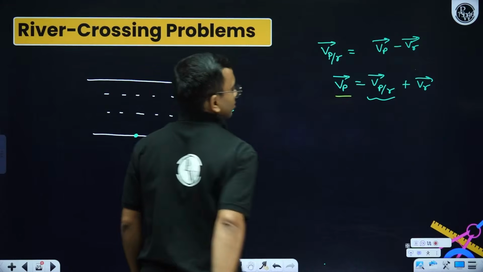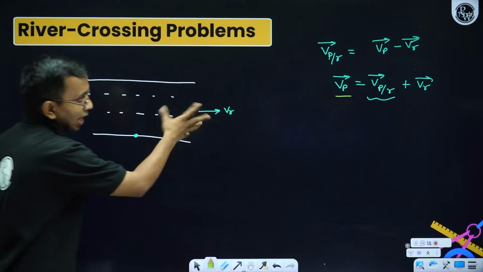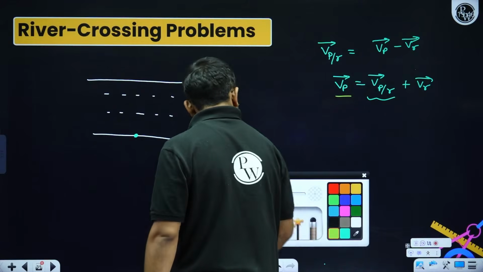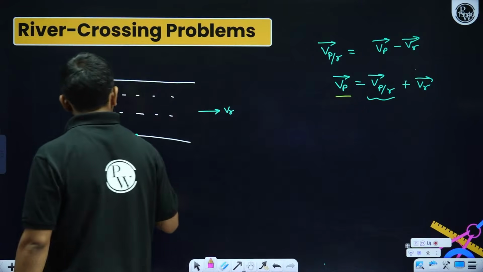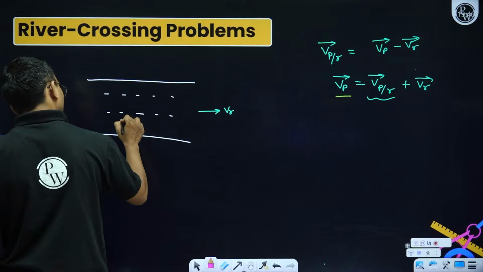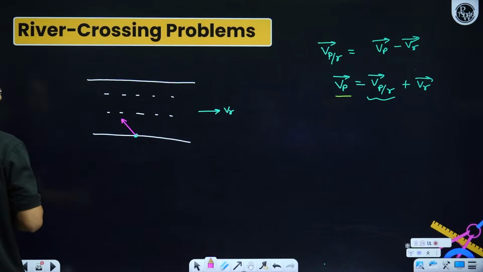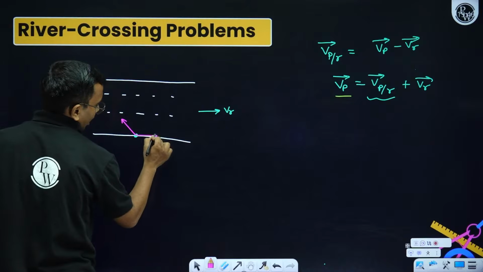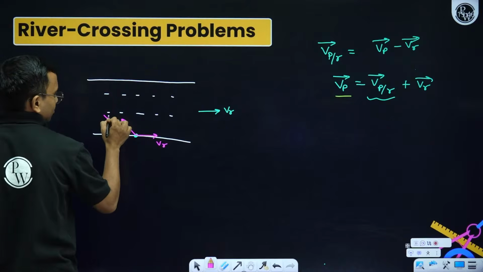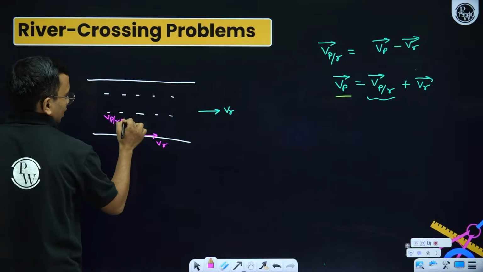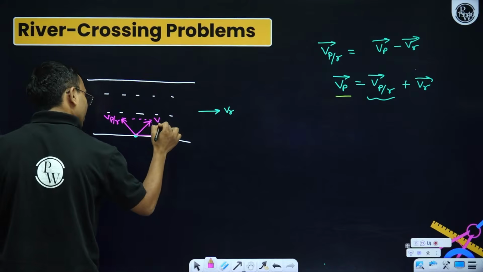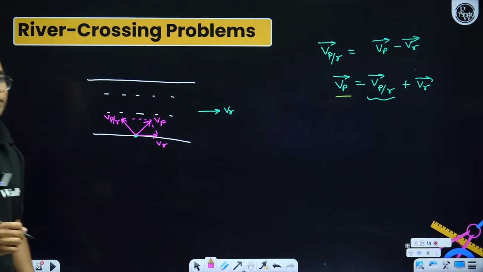The velocity of person is the velocity of person with respect to river plus velocity of river. So in whatever direction the person is pointing its velocity, you need to add that with the velocity of river. Okay, the resultant of the two will be the velocity of person, like this.